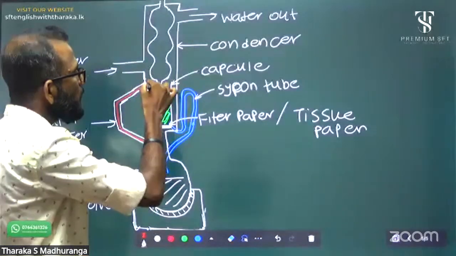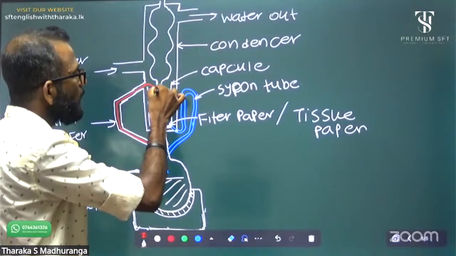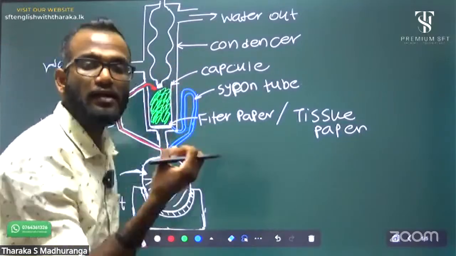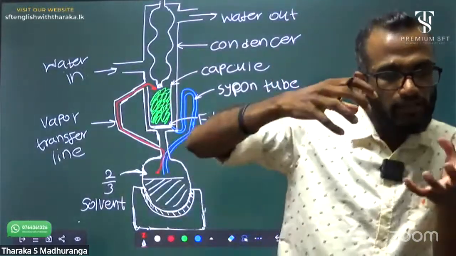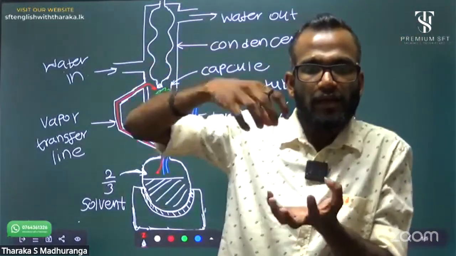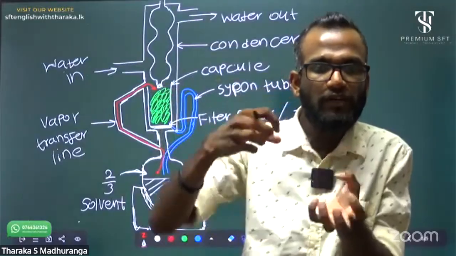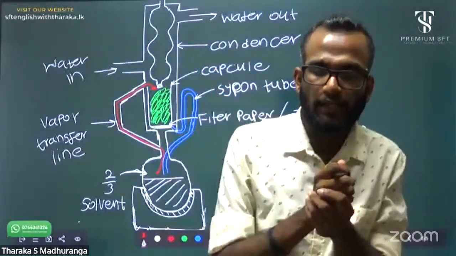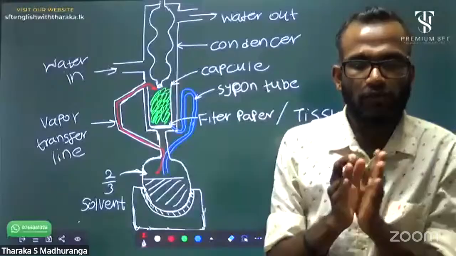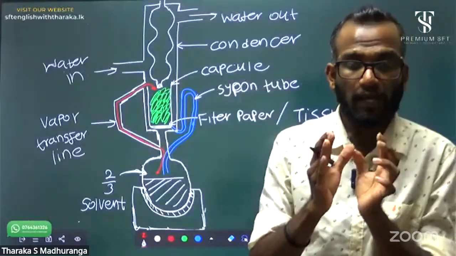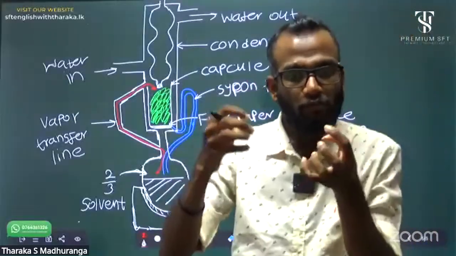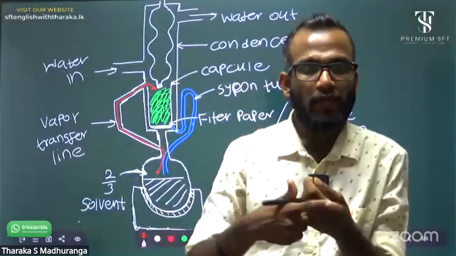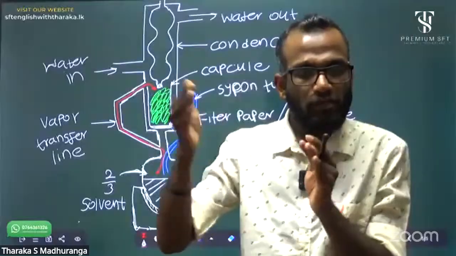Then solvent vapors accumulate and collect in this plant material container. And they contact the plant material, right? Solvent vapor contacts the plant material. The plant material, you have to prepare: we have to wash well, dry and cut into small pieces.